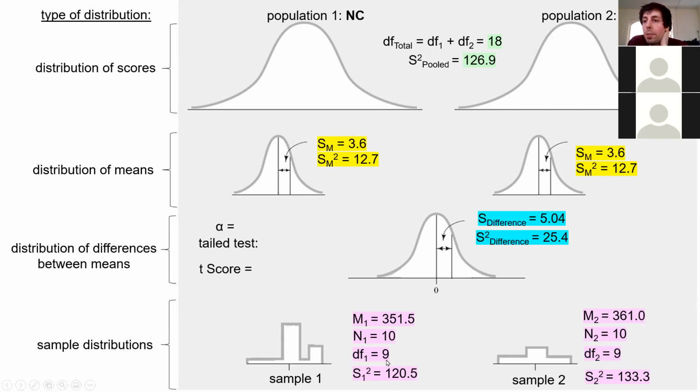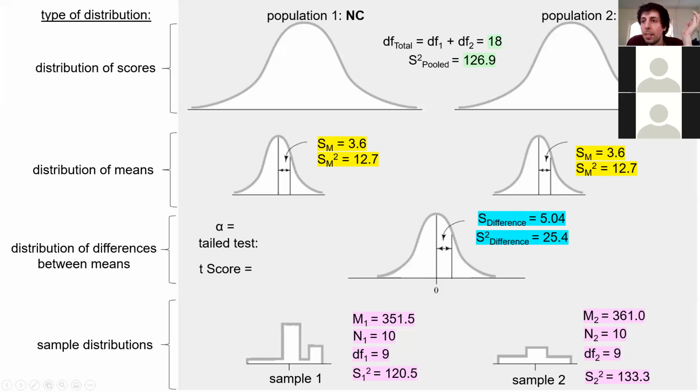So the first thing I want you to notice is that the samples have about 120 and 130 as their variance, and the pooled estimate of the population variance is simply the midpoint, in this case, between sample 1 and sample 2.